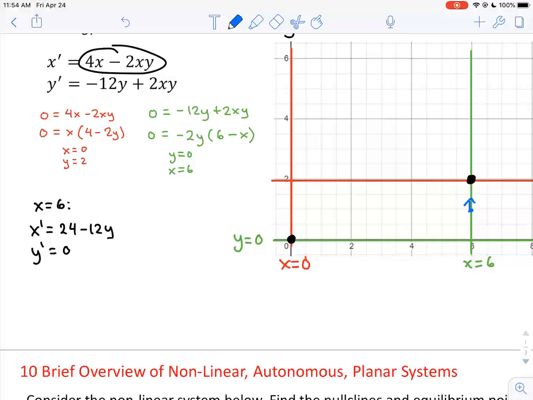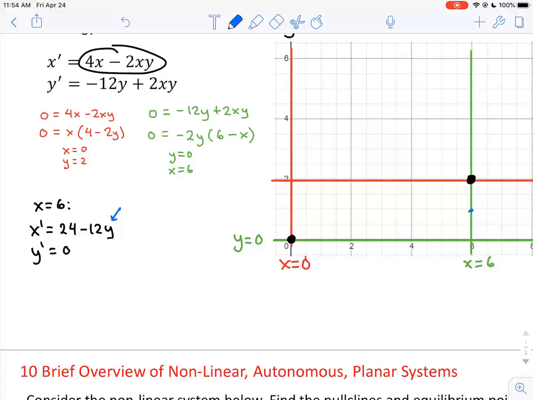In particular, an arrow pointing up is not possible for the direction of the solution. This is going to have to only point right or left. As time goes on, the solution is going to have to go left or right from there. It can't go up because y prime is 0. But if you plug in (6, 1), plugging in a 1 for the y, you're going to get an x prime of 12.